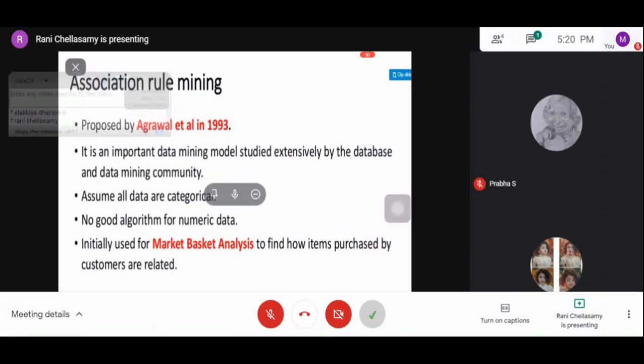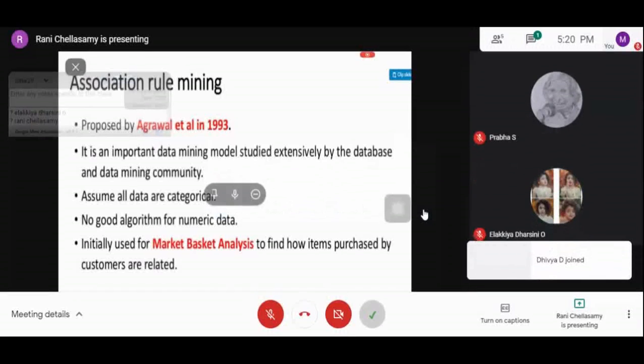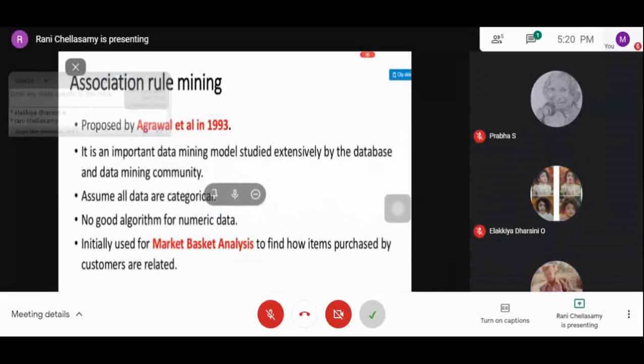This is called an association rule. The support of this rule is 5% and the confidence of this rule is 100%. We'll see what support and confidence are. These are the measures to find the association rule.